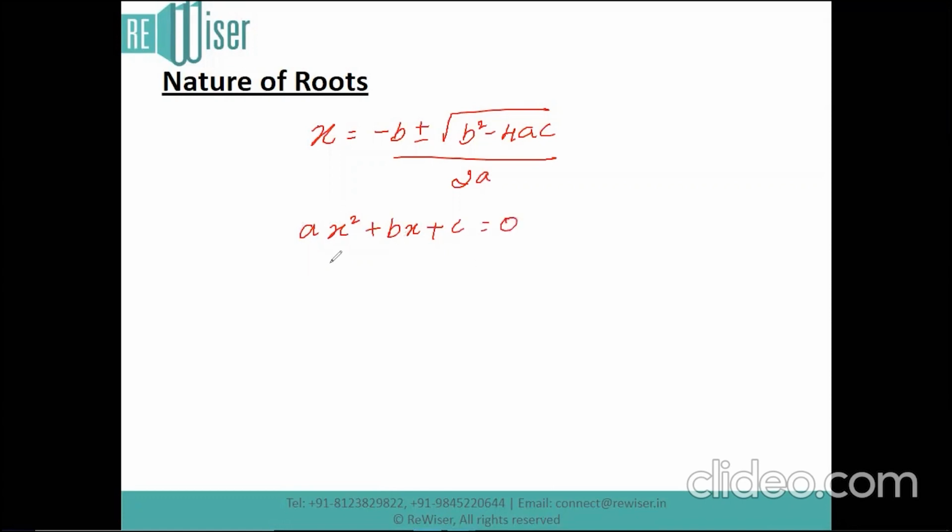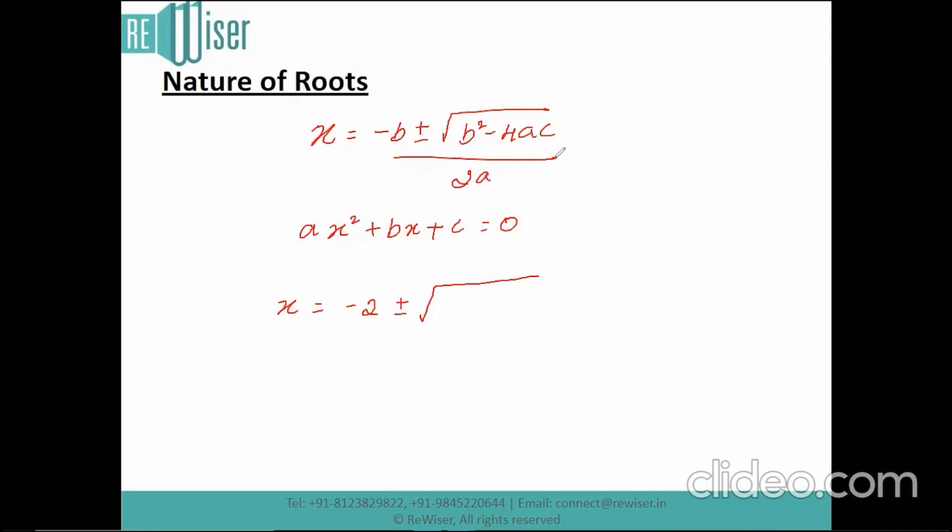To find its roots, I can substitute values here. Let me think about some random numerical. In the first case, I have x equals minus 2 plus or minus root of, let's say b is 2 for sure.